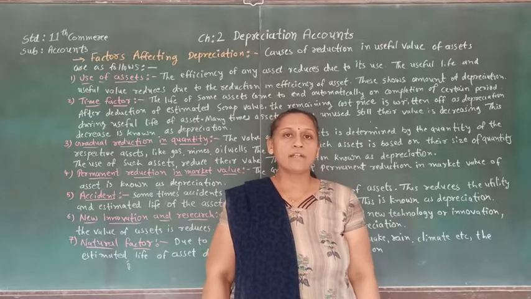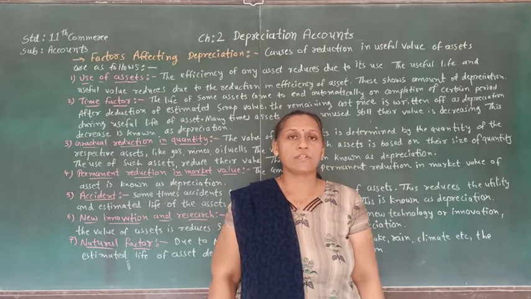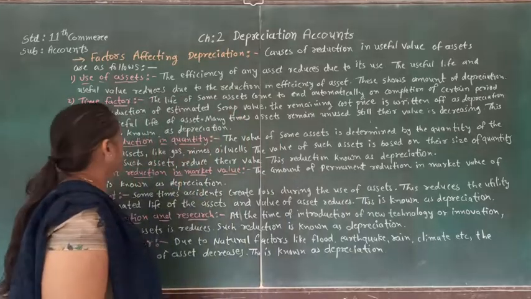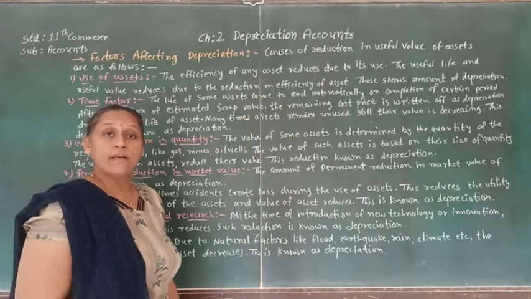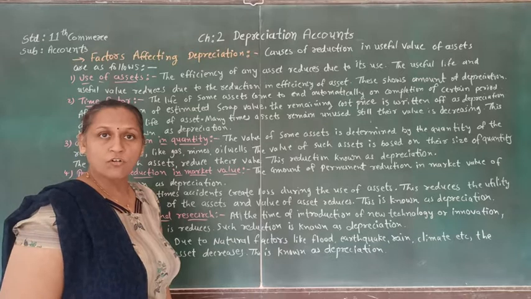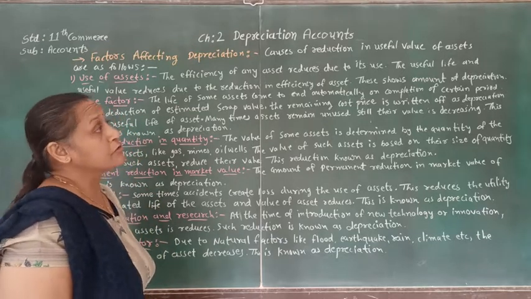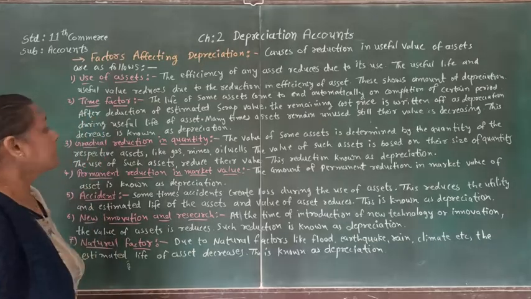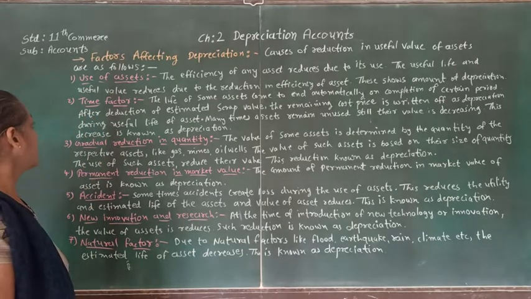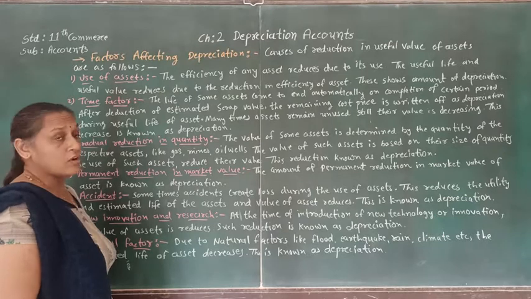Okay, now let's see the factors affecting depreciation. Because of these factors, there is a depreciation of the asset. That's why it is called causes of reduction in useful value of asset, as follows. Very first is the use of asset.